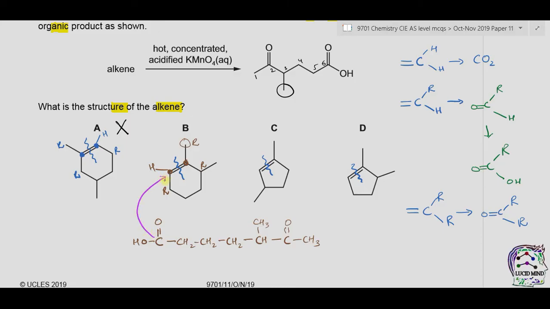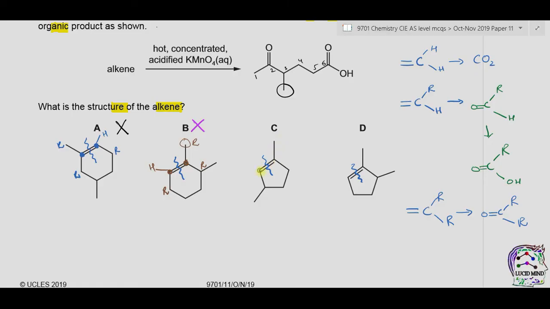This is the first carbon atom which is converted into carboxylic acid, and this is the second one that has converted into ketone. Again, we can see that in the long chain we have 7 carbon atoms, whereas the product shows 6 carbon atoms. So B is also incorrect.